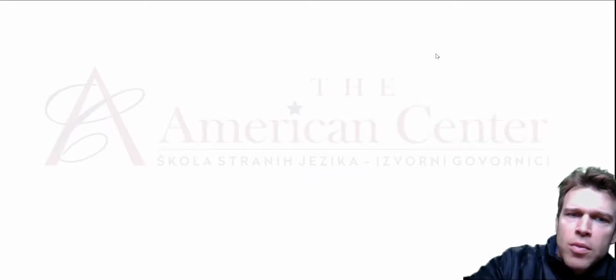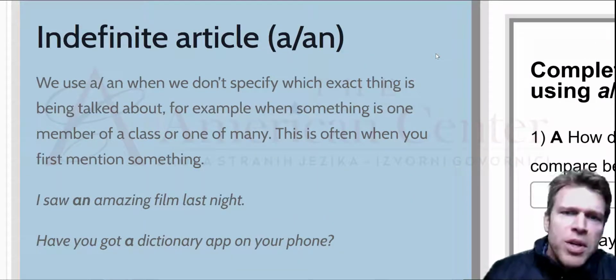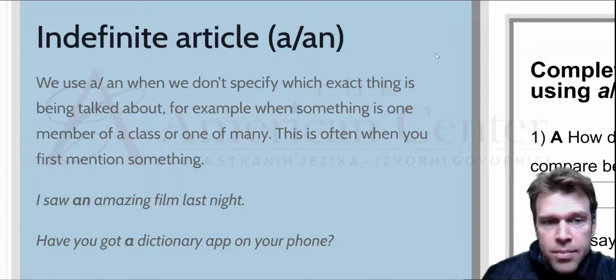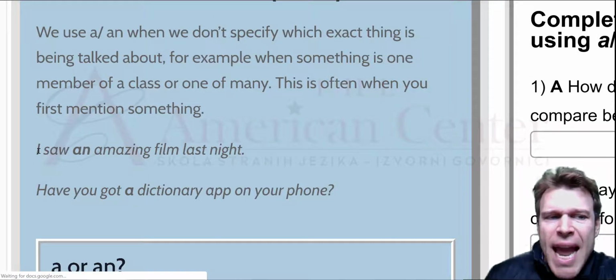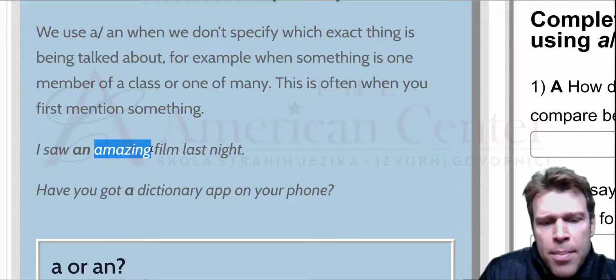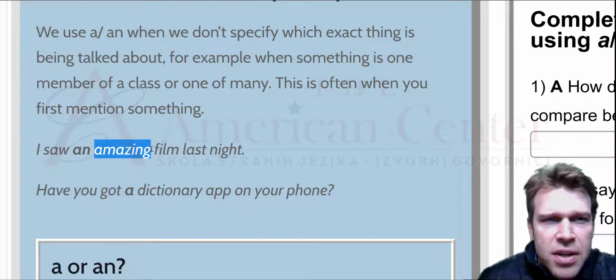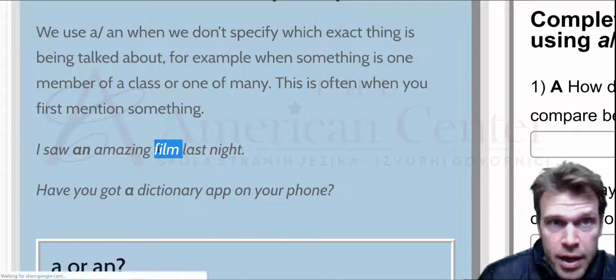Now, let's see what the book says here, okay? A and an, we use a and an when we don't specify. Again, it's synonymous with any, okay? You can see here, I saw an amazing film. Now, sometimes this amazing can throw us off because it's an adjective and, oh, the noun film, it's singular countable, right?